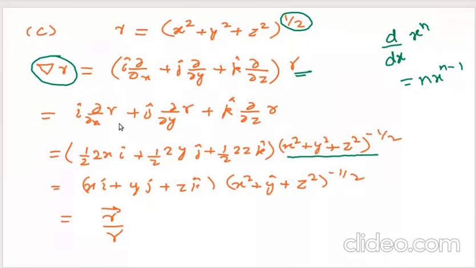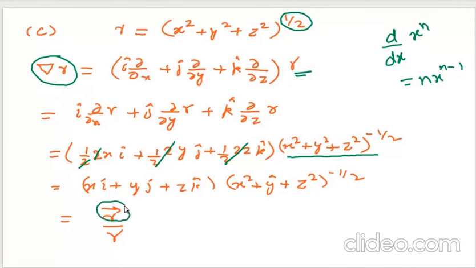Similarly, for the j cap and k cap components, you will only have 2y for the j cap component and 2z for the k cap component. You can cancel the lower half with the 2 in all the terms. Then you will obtain x i cap plus y j cap plus z k cap, that is nothing but R vector.